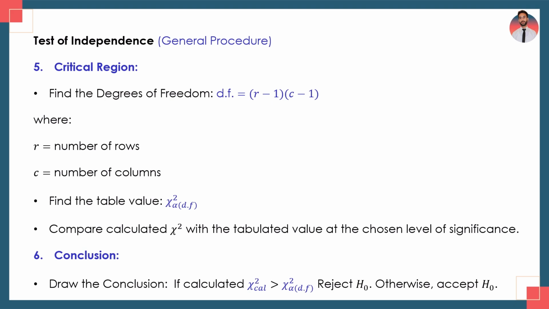If the calculated value is greater than the tabulated value, you reject your hypothesis and accept H1. This is the conclusion for test of independence. These are the 6 steps to follow the test of independence.